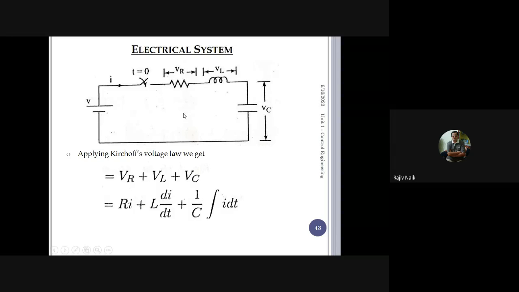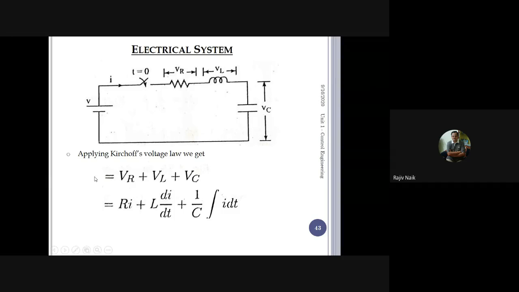You can see one loop here, starting from the power source positive side and going to the negative side, and the flow in this circuit is the current I. When current starts flowing, there is a voltage drop across resistance, inductance and capacitance, and the sum of these voltage drops is equal to the external voltage.